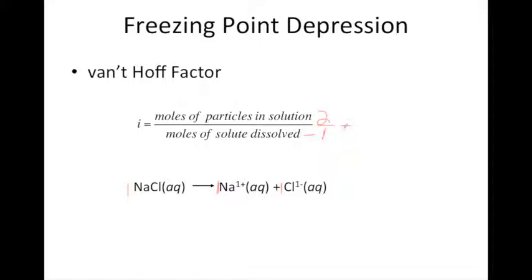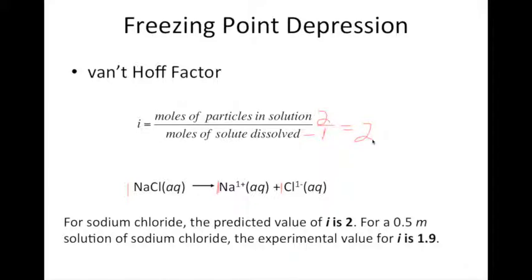So our Van't Hoff factor we would expect to be 2. And for sodium chloride, the Van't Hoff factor is actually very close to 2. It's 1.9. It's not exactly 2 because you don't get a complete 100% dissociation for sodium chloride, but as you can see, it's very close to 2.